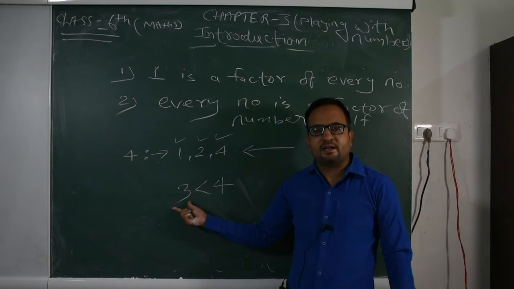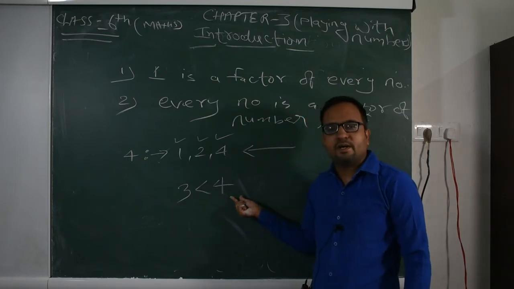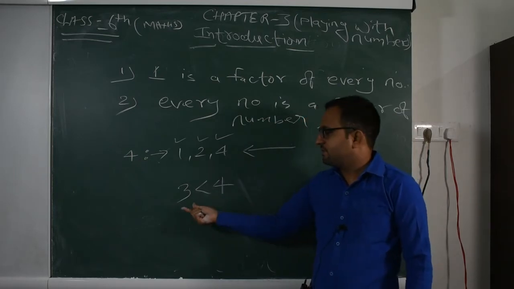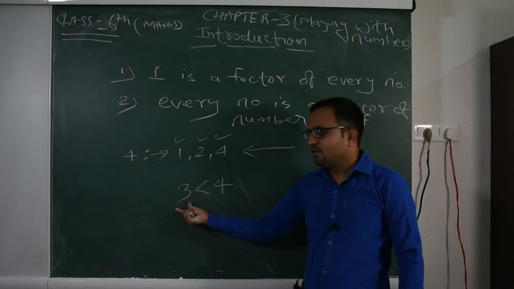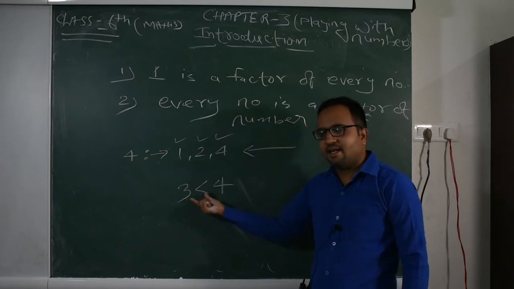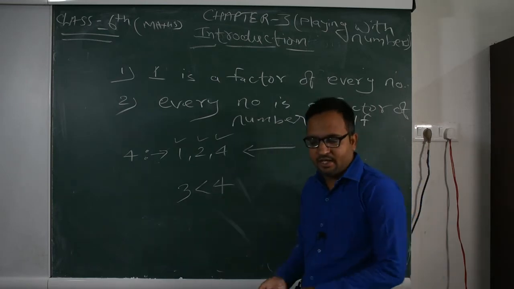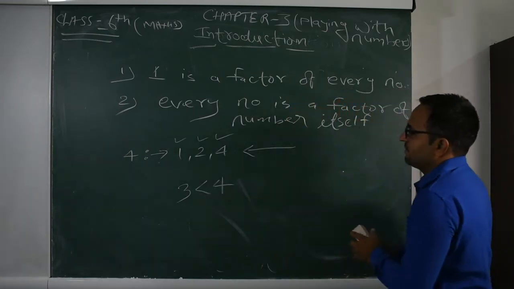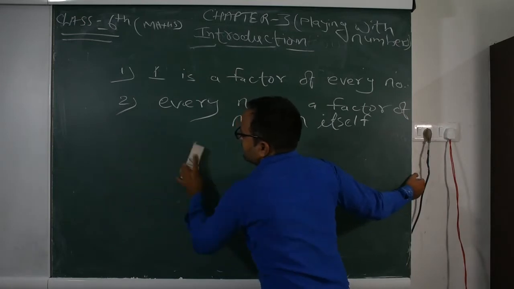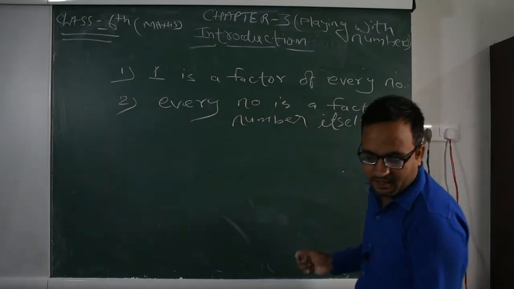So each factor is less than or equal to 4. So a factor is always less than or equal to the given number. Okay, so this is the third rule of factor theory.